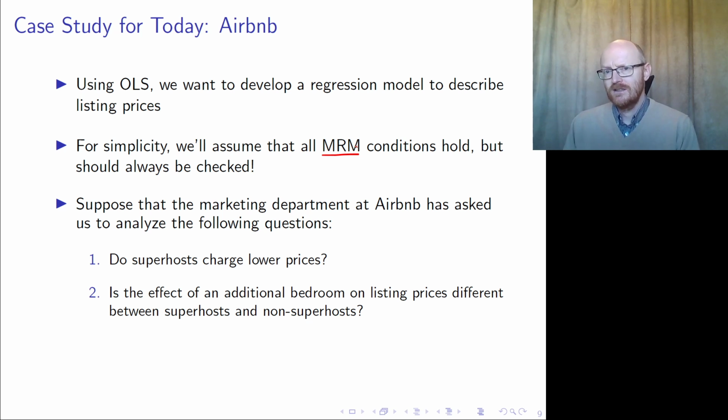We're not spending time on that. If you wonder what the multiple regression model conditions are, then you just watch some of the earlier videos. But you always check the multiple regression model conditions first, and then you can do inference.